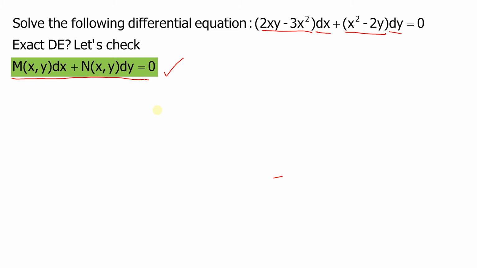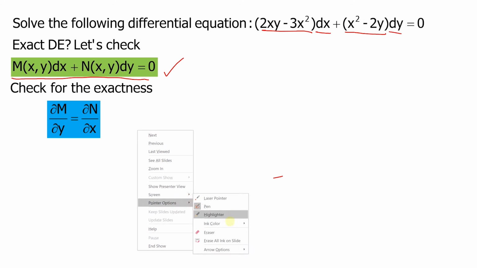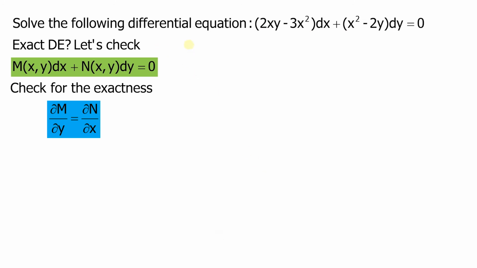So, to confirm if this is an exact differential equation, then you have to check for the exactness. How do we do that? The partial derivative of M with respect to y must be equal to the partial derivative of N with respect to x. So, let's solve for the partial derivative of M with respect to y. You have 2xy minus 3x squared.